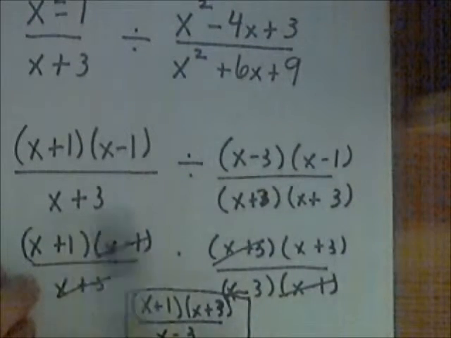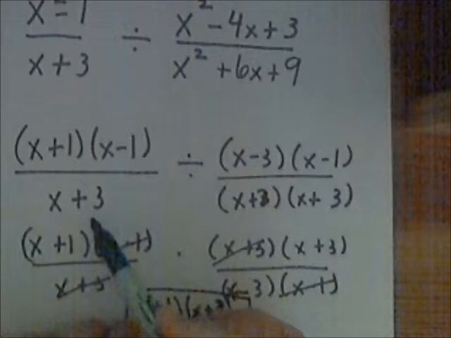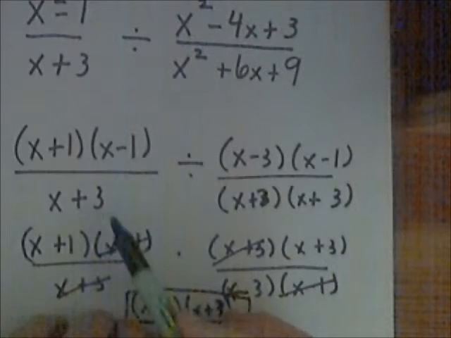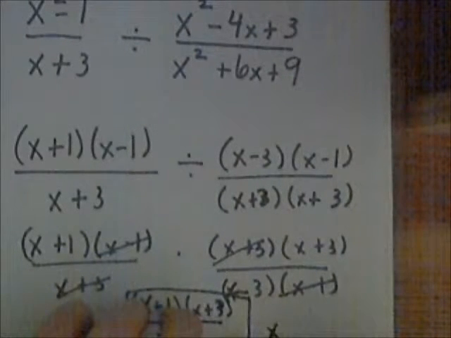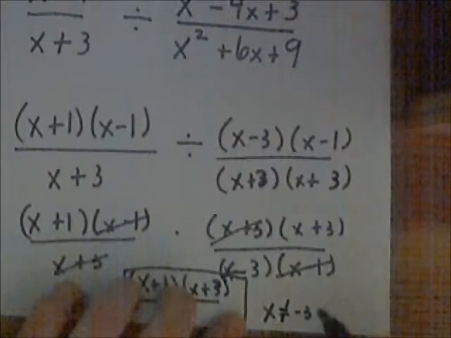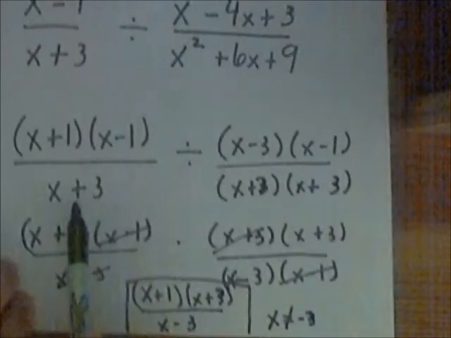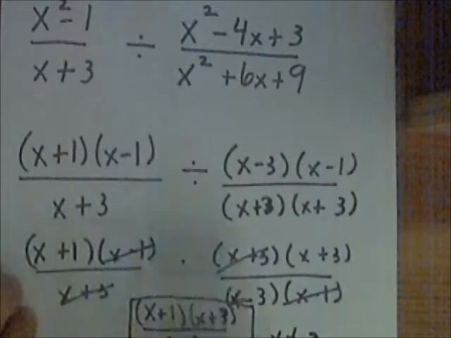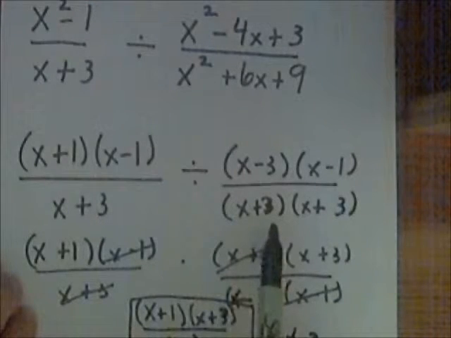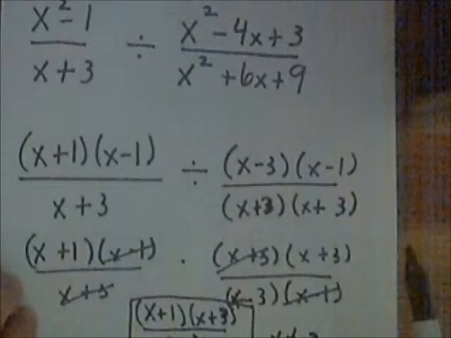And here's the exact same factor all the way across. So we can see, and we can easily compute in our minds, if we set x plus 3 equals 0, then x there would equal -3. So -3 is going to be an excluded value, because if I allowed x to be -3, it would render this denominator 0 and this denominator 0 as far as that goes. And that would be an undefined expression.